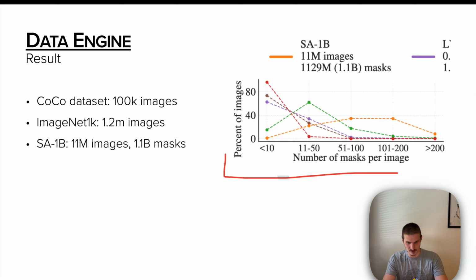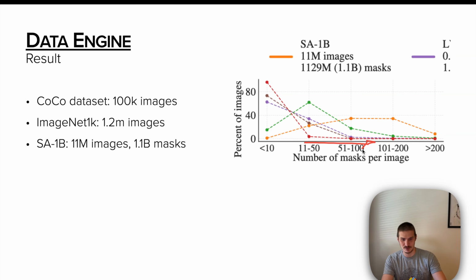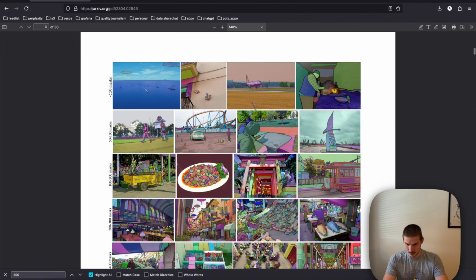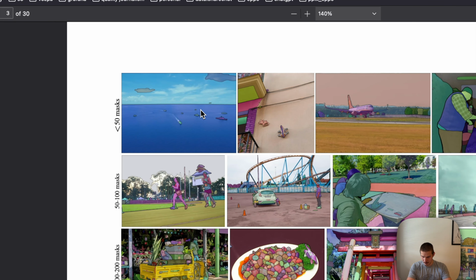We can see the plot here, where on the x-axis you have the number of masks per image. And we can see that SAM basically has lots and lots of pictures with a lot of masks. And here's a really cool picture from the paper of what sort of images are in the dataset.